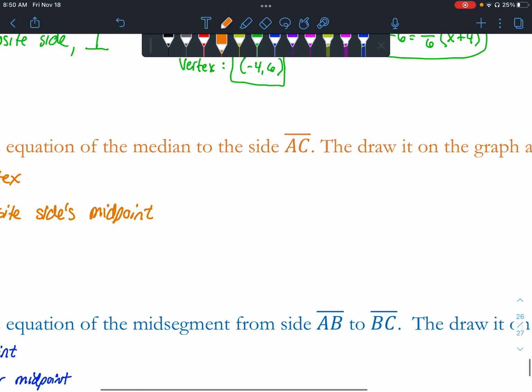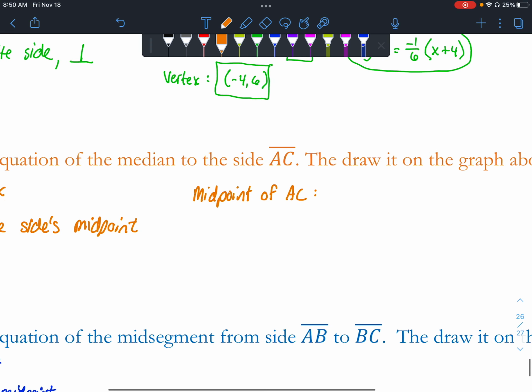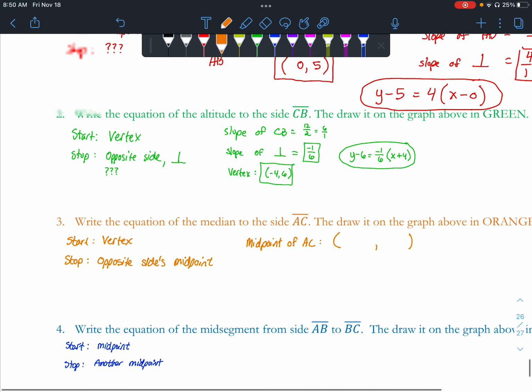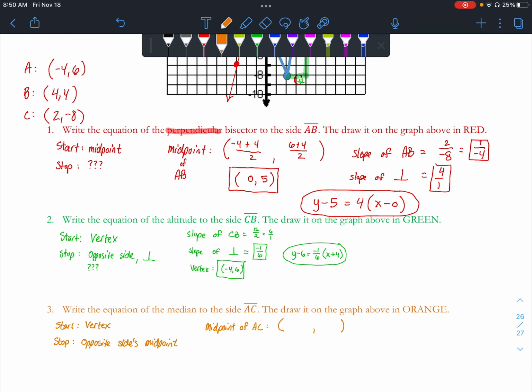I need to find the midpoint of A and C. So if I write this out, the midpoint of AC, we are going to have some sort of a coordinate like this. I have to look at what point A and C are. It looks like they're up here for me in the top left. So I'd add the x values together and divide them by 2. A has an x value of -4.